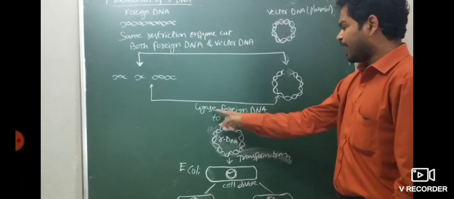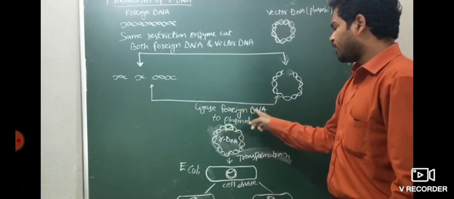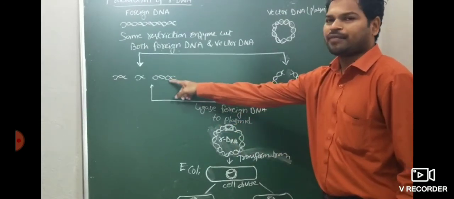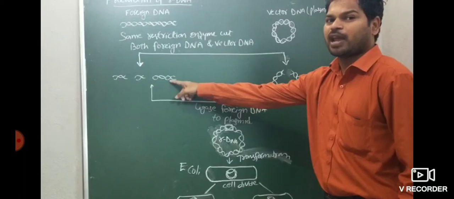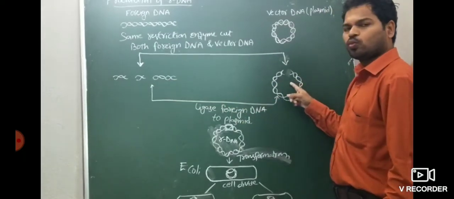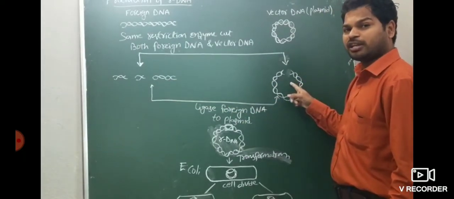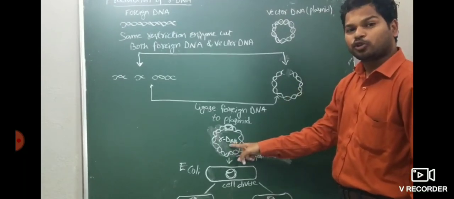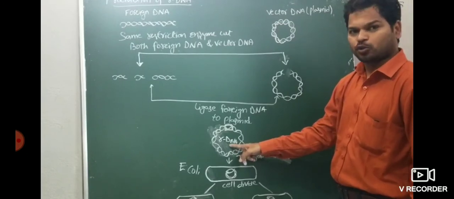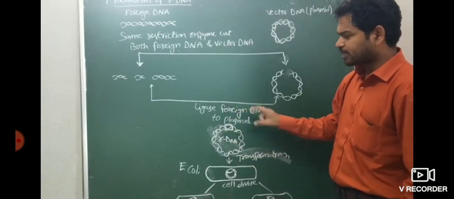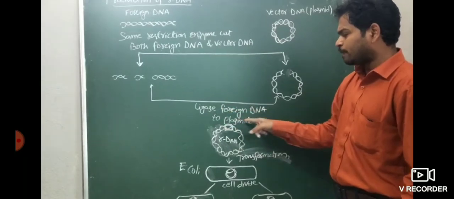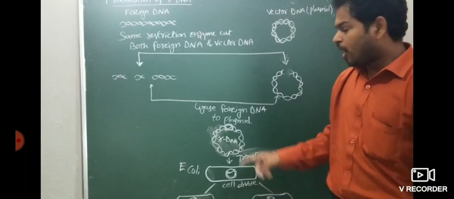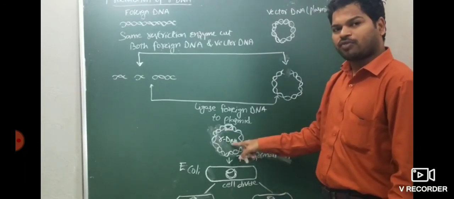Then rDNA is produced. Recombinant DNA is produced. This process of ligating the foreign DNA to the plasmid is called ligation.